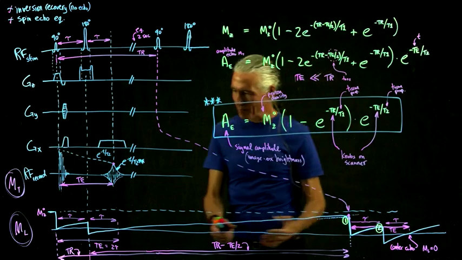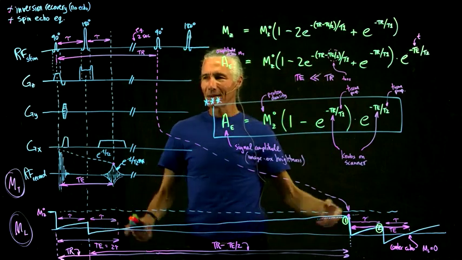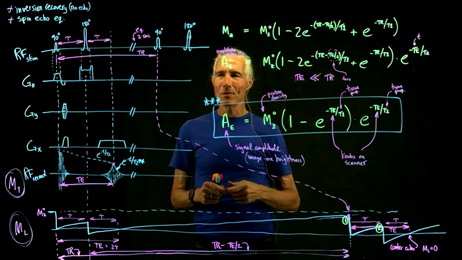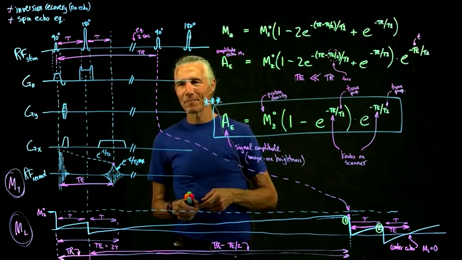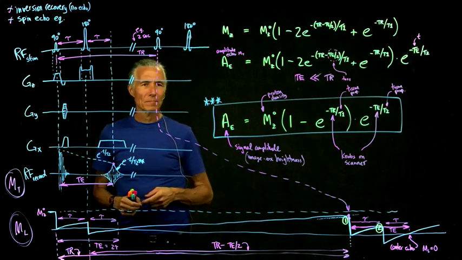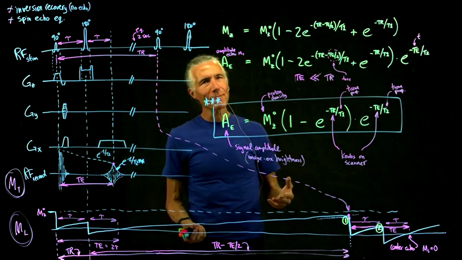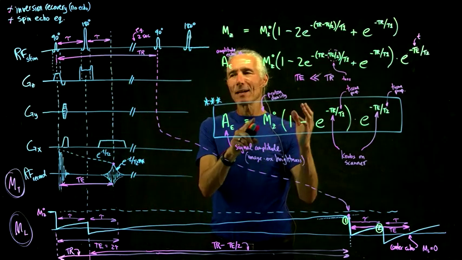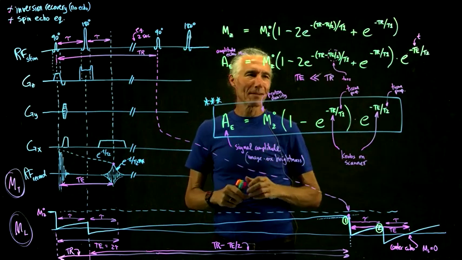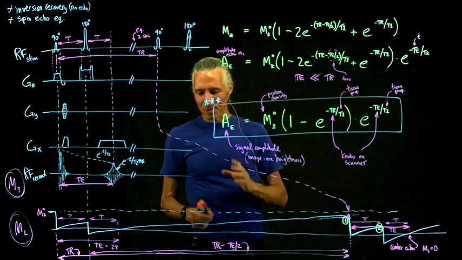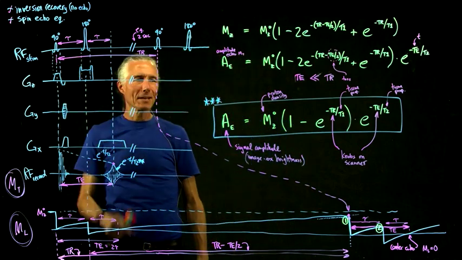But now we've had some preparation and a previous echo, and we got to build that in. And when you do that, you get something a little more complicated, but still not too bad. And it would be more complicated if you didn't have a 90 degree. If you didn't have a 90 degree, then there'd be a whole bunch of sines and cosines in here. It'd be kind of a mess. But we'll just stick with the simple 90 and 180.